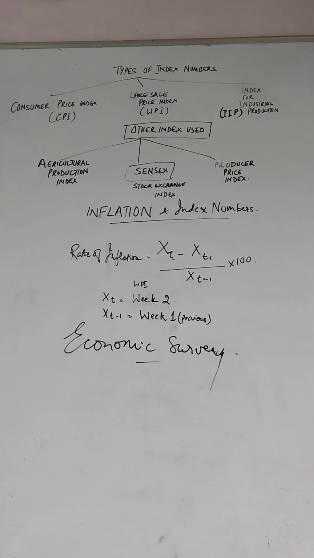So again, I'm going to repeat myself: the choice of the base period is very important, and what items have to be included is very important if you want to make a certain policy. And index numbers are extremely important in policy making, as we've just discussed, and it is evident by the various uses that we've just discussed.